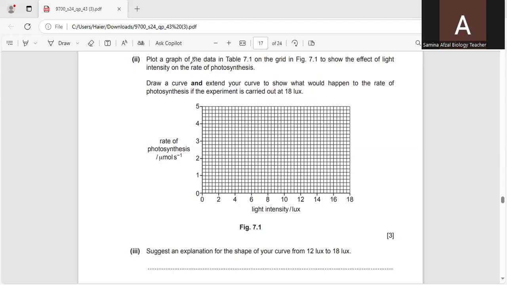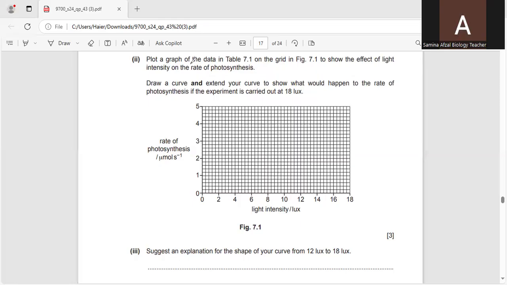First of all, the first value, between light intensity and rate of photosynthesis, is 0. So we will make a cross at 0, and all values are 0 in this case. So the next value is about 1.0, and it is on 3. 1, 2, 3, 4, 5.